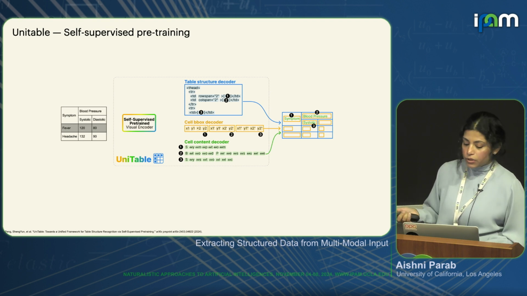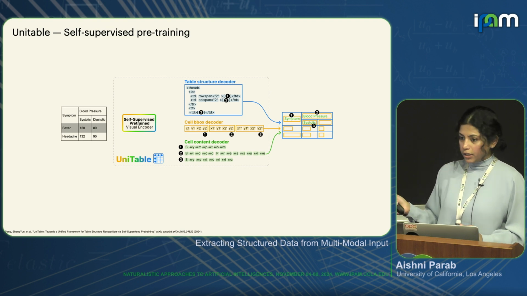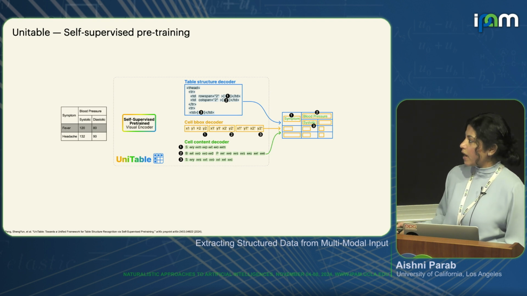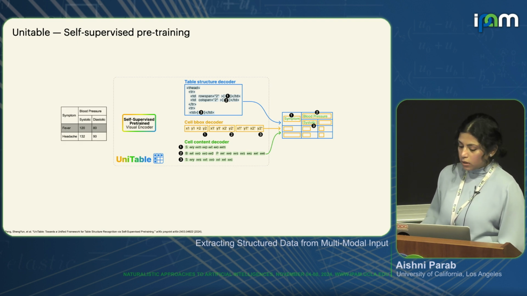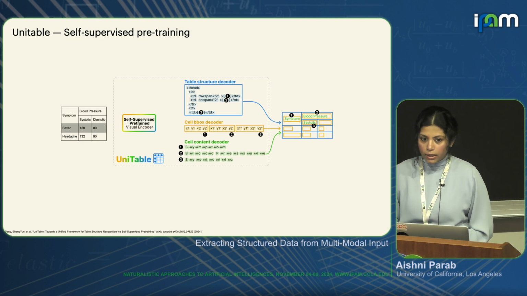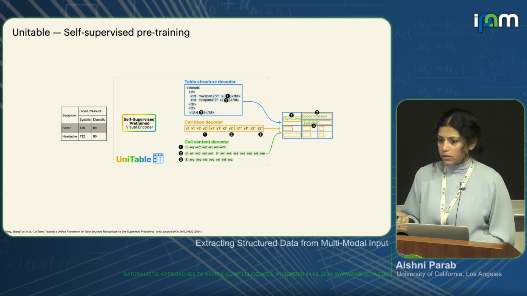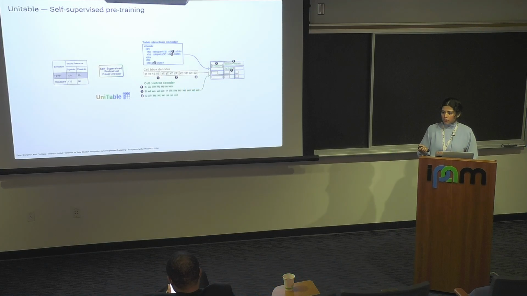And the core essence of this work is the pre-training fine-tuning paradigm. So a self-supervised visual encoder is pre-trained with lots of tabular images, and then the model is fine-tuned on these three separate tasks. And then the results from these three tasks are combined into a table. And I will walk you through how that happens. So, but I'll just pause to see if there's any questions so far. Okay.